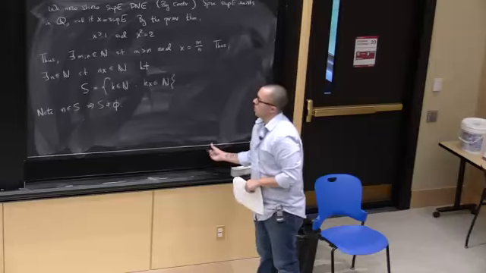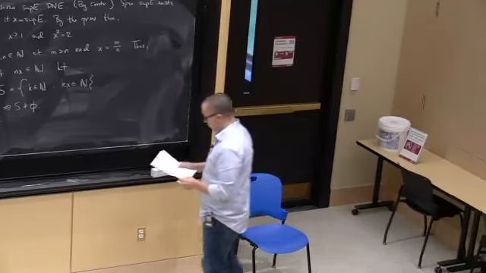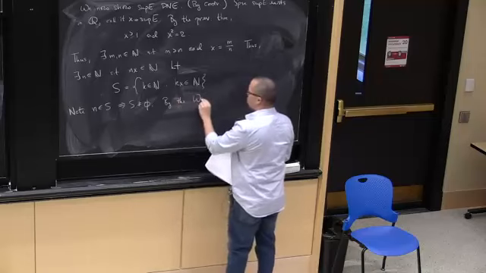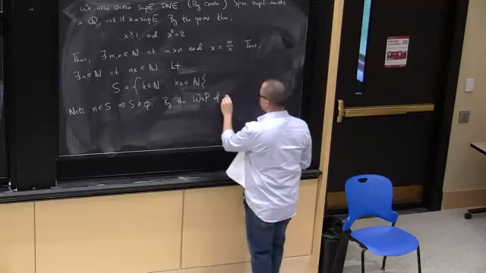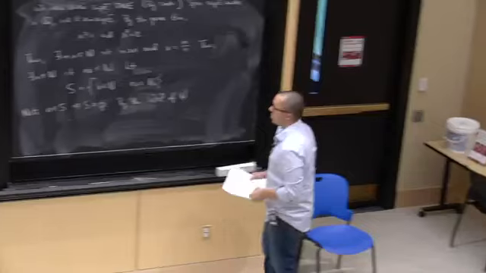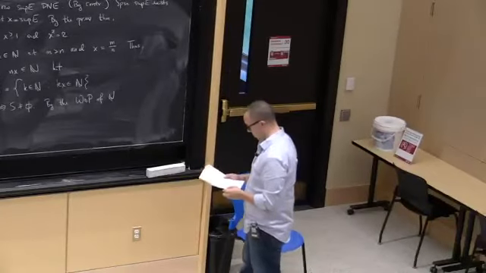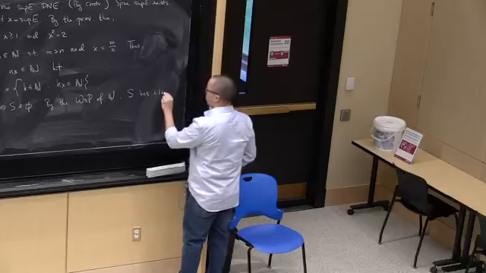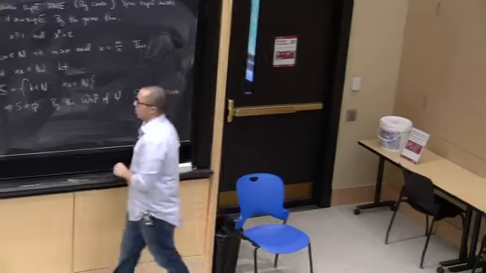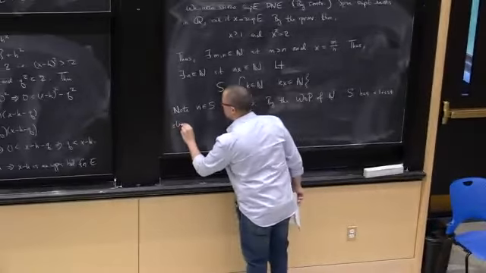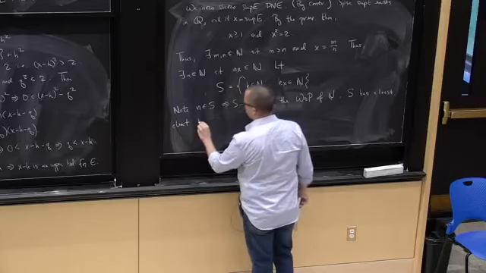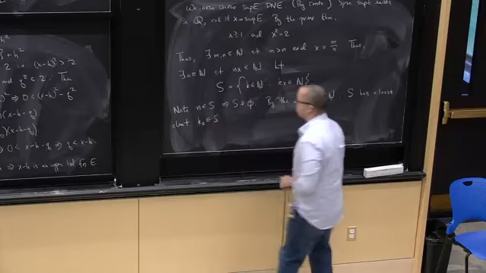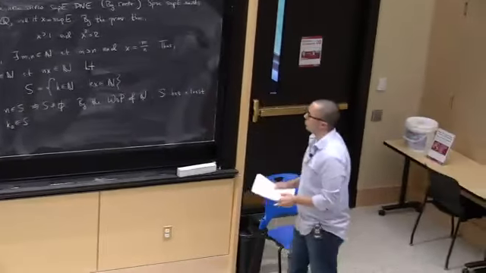Now, this is a subset of natural numbers, so by the well-ordering property of N, this set S has a least element, which we'll call K0, in S. Okay?